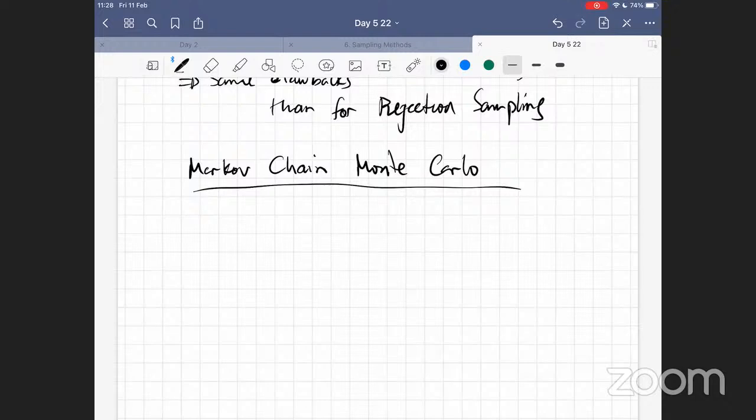Okay, let me try to draw in order to understand. So you are thinking about F of Z being some function with a peak like this. Yes. Or a more narrow one, let's say. Okay. Then can it happen that P of Z could not cover the peak region?